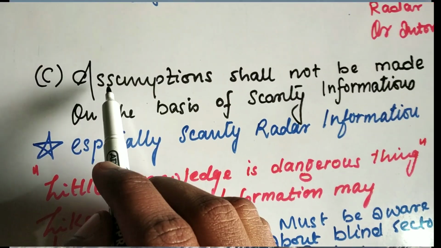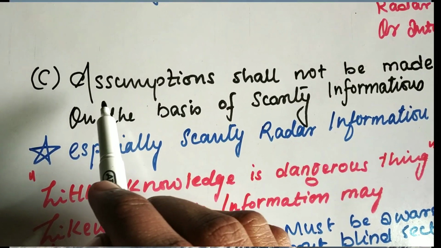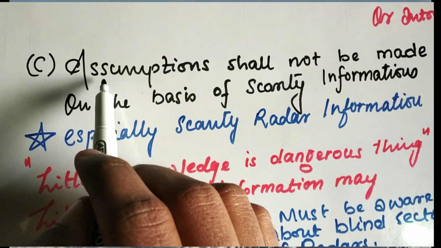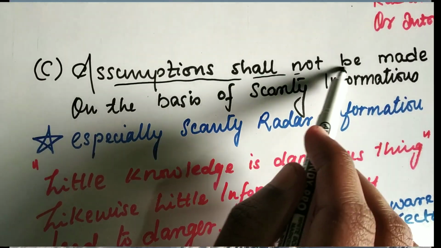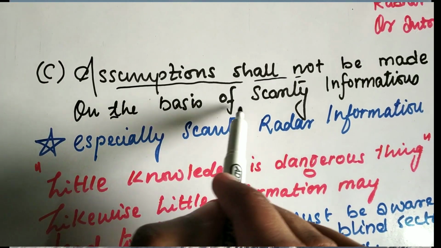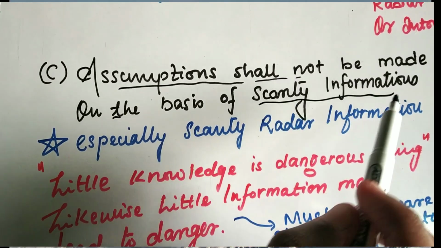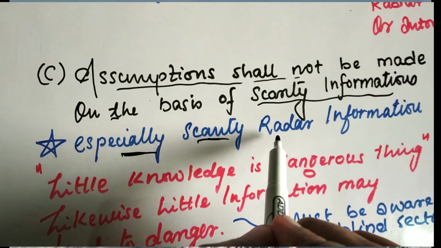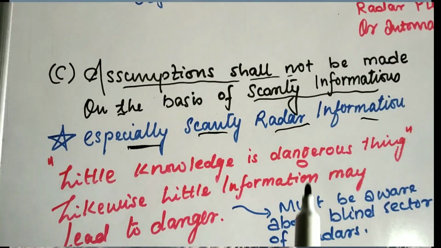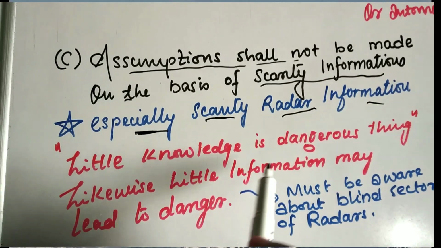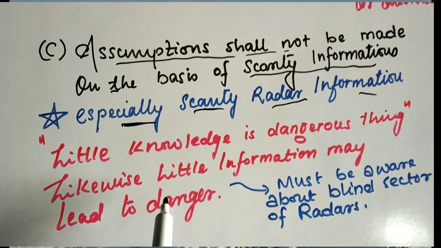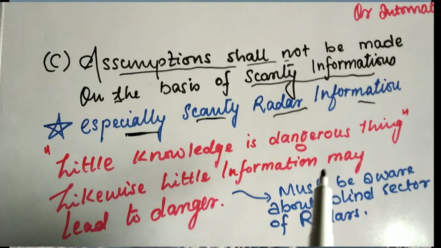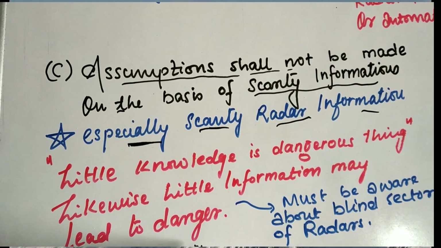Now Part C of this rule. Assumptions shall not be made on the basis of scanty information, especially scanty radar information. We all know that little knowledge is a dangerous thing. Likewise, little information may lead to danger.